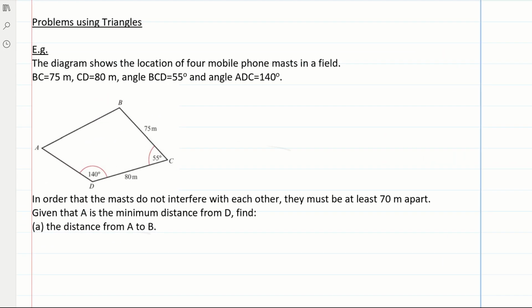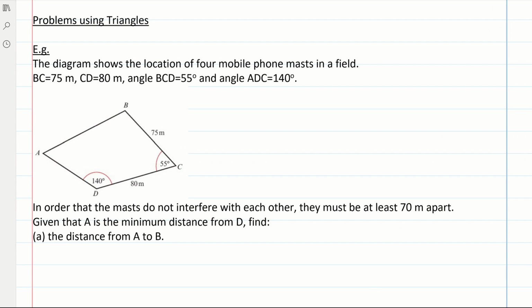Then we get to some problem solving using all the skills that we've learned in chapter 6. The diagram shows the location of 4 mobile phone masts in a field. BC is 75 meters, CD is 80 meters, angle BCD, they've given it to you already, but it's angle C, it's always the letter in the middle, is 55, and angle ADC is 140.